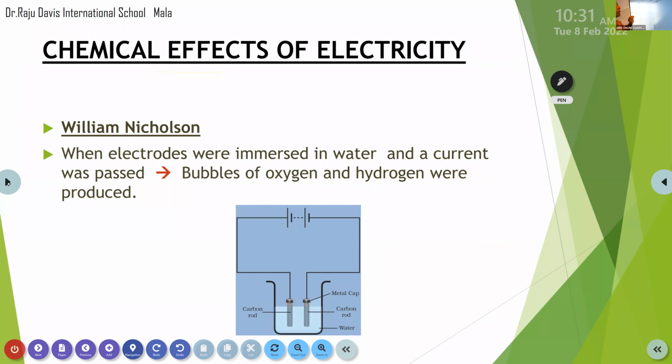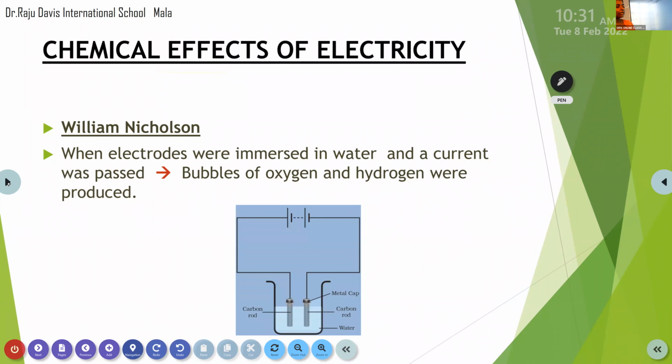So this water, what about this water? Is it a conductor or an insulator? Conductor, is it? So this water conducts electricity. Is there any change in this water when it passes electricity? Can you observe any change in this liquid?